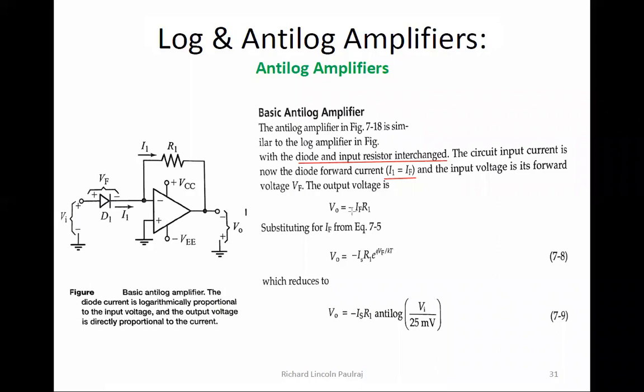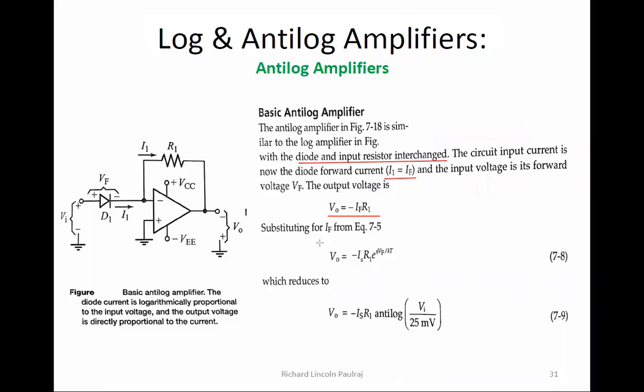Now V naught is equal to minus IR. V naught is equal to minus IF, the forward current, because the same I1 is coming here, and I1 is equal to IF. Since this is in the inverting format, I get minus I1 or IF into R1.